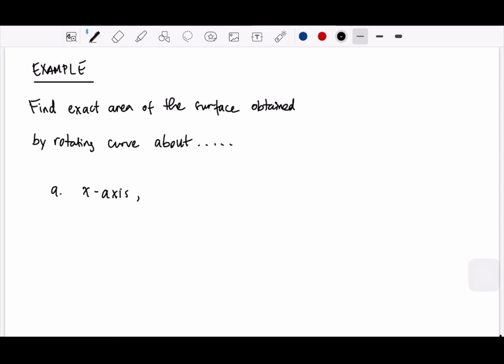The curve is y equal square root of 1 plus e to the power of x. Let's try whether this is difficult or not.